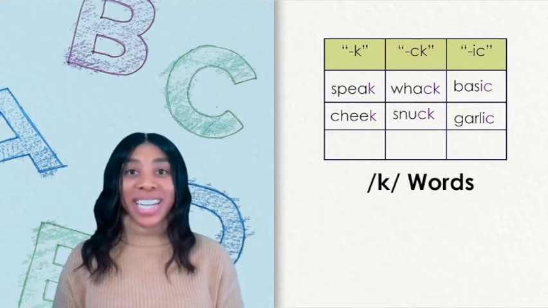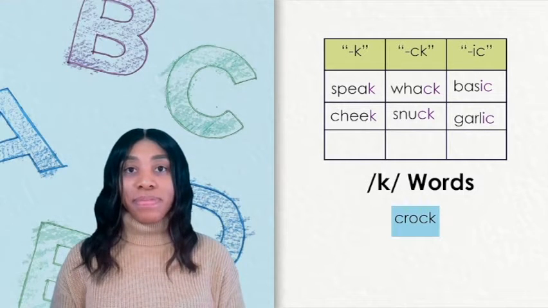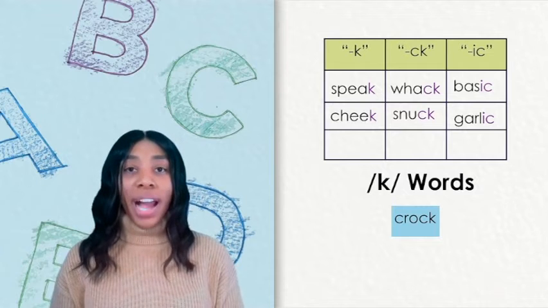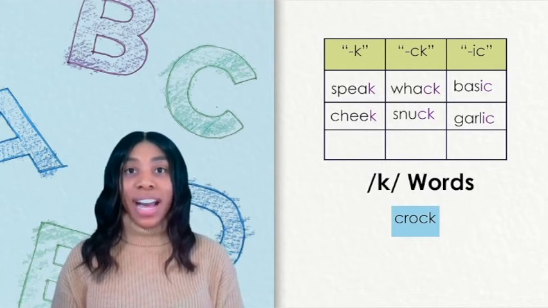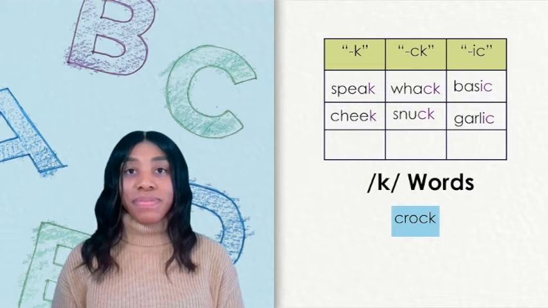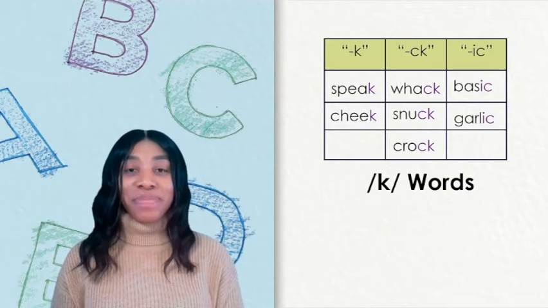Keep up the great work. Our next word is crock. Would crock go in the K, CK, or IC column? Crock would go in the CK column.